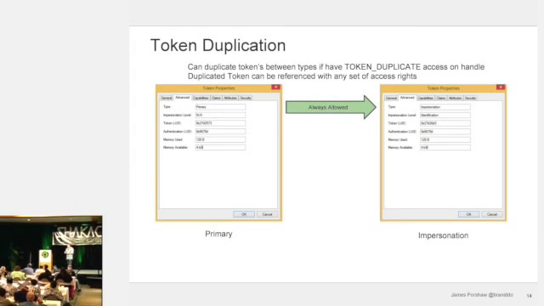Now, when it comes to duplication, there's an important security requirement here, namely that if you have a primary token, it should be possible to convert that into an impersonation token. And you can just call the duplicate token function, and you effectively convert between one and the other.